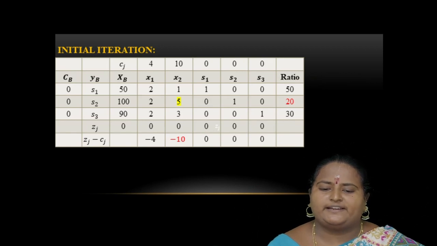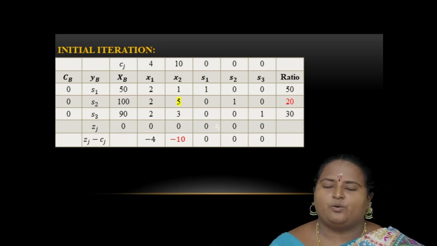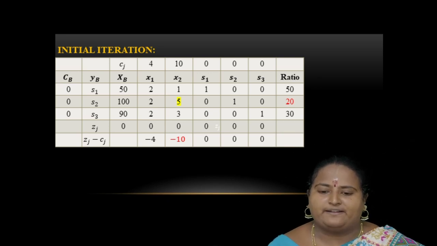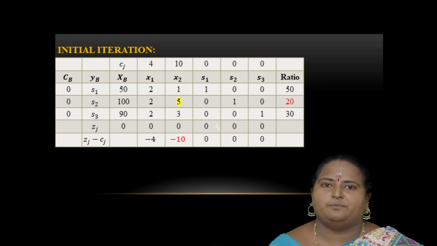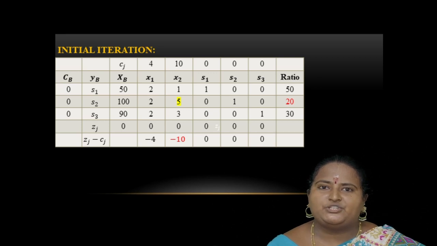In the initial iteration, the first column is CB, which is the cost corresponding to the basis matrix, and YB, that is the variables contributing the basis matrix, and XB, which can be calculated by using the formula B inverse, that is the inverse of the basis matrix, into the right hand side constant b.